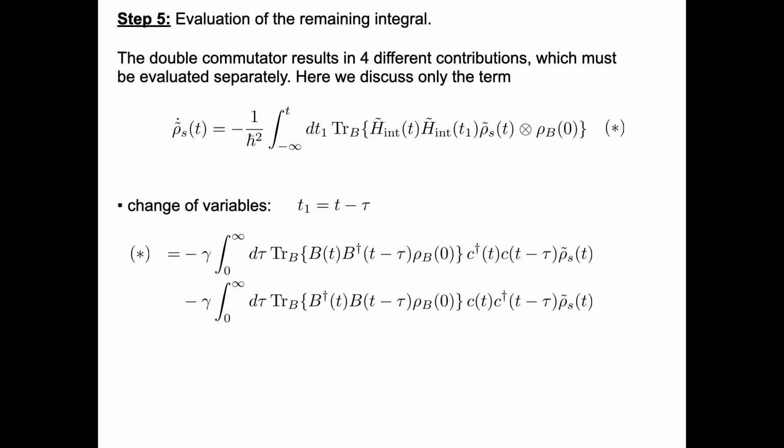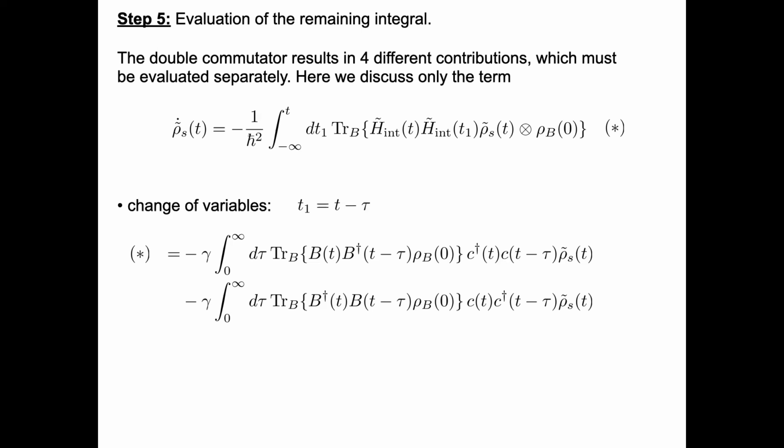So now remember that here we take the trace, but only over the path degrees of freedom. In particular, you have to be a little bit careful with operator ordering. We trace over the path, so we can commute all path operators. We can do cyclic permutations under the trace.